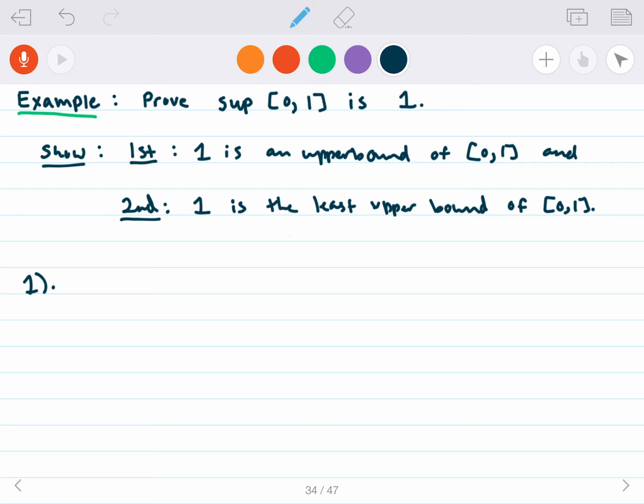So what does it mean to be an upper bound of a set? It means that everything in the set is less than or equal to that thing. So since 1 is greater than or equal to x for all, this means this, I don't know if I did this little symbol in the last lecture, but this is for all, this upside down A. So 1 is greater than or equal to x for all x in [0, 1].